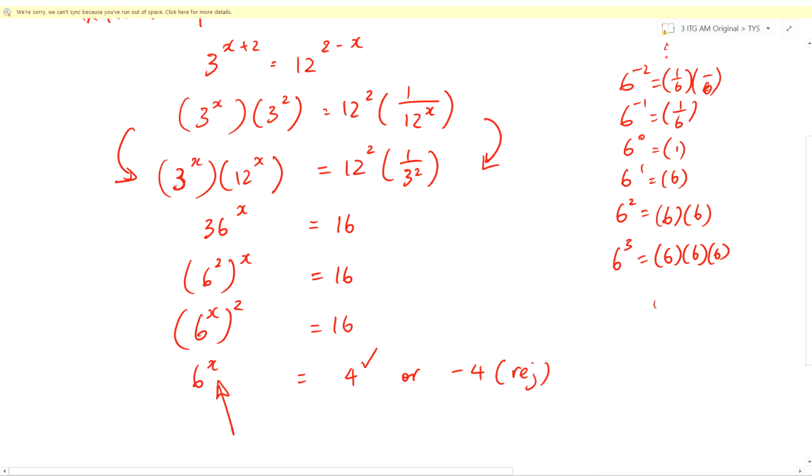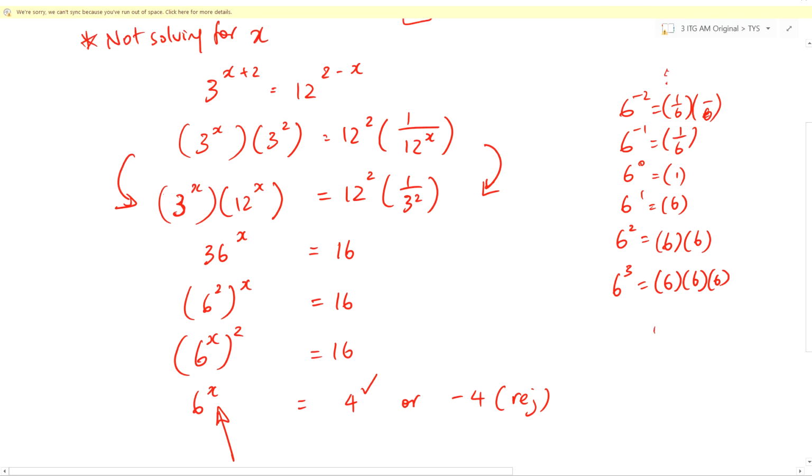And so on and so forth. No matter what the power is, we will always end up with a positive value. It is either going to be a very small value or a very large value, but they will never be negative, even for negative powers. Okay, that is why we reject negative 4.